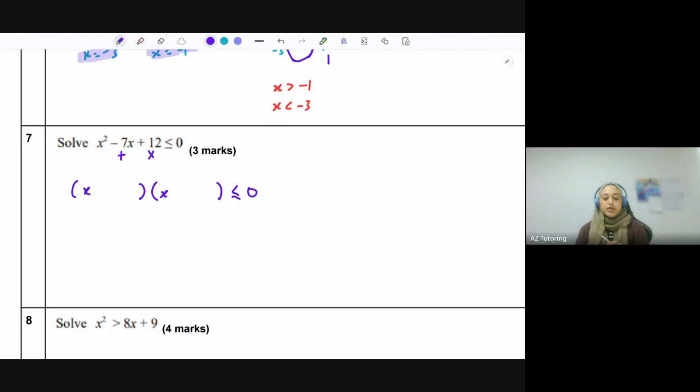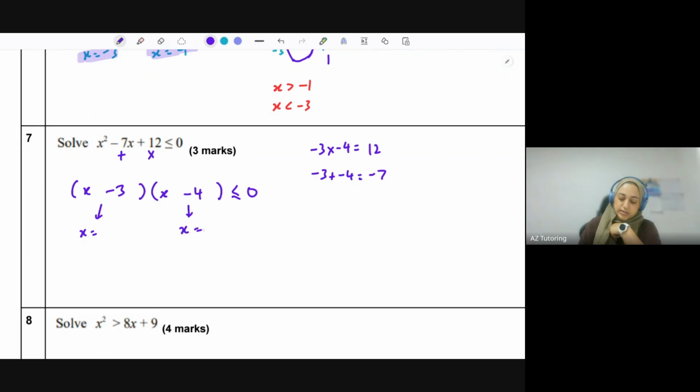I could say -6 and -2, no, -3 and -4. Yes, -3 times -4 is 12, and -3 add -4 is -7. So that works. Again, if you don't like this method, you can stick it in the quadratic formula and it'll give you the two answers. So my two places where it crosses the x-axis, taking the opposite signs, are x equals 3 and x equals 4. So let's sketch the graph now.